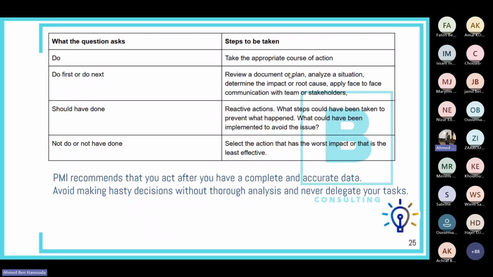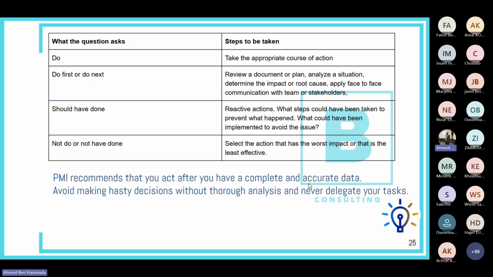And in sessions 3 and 4 of this coaching program, we will be looking at different questions in these different scenarios. Okay, remember that PMI recommends that you always act, generally in a project, after you have complete and accurate data.